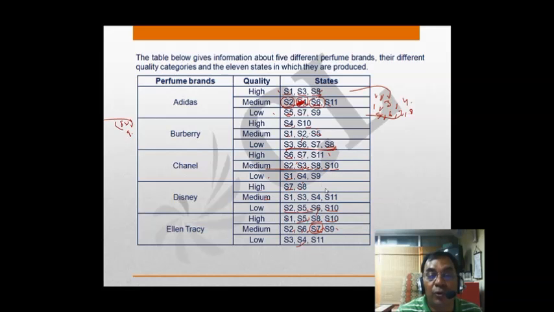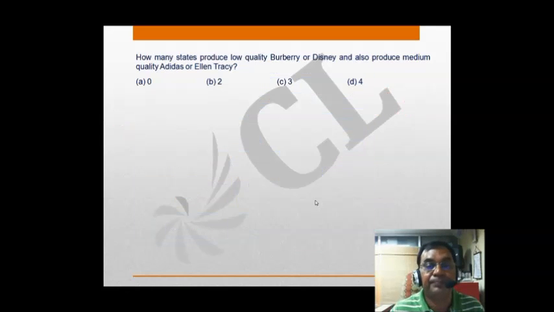Low is here. So 10 gone. 11 high is here. Low is here. I have to see medium is also here. So there are 2 of them. So the answer is 2.